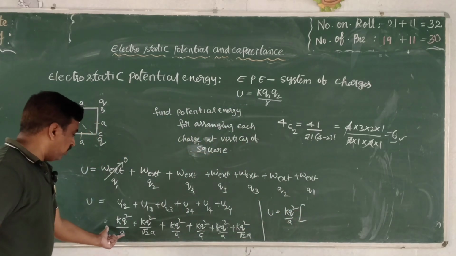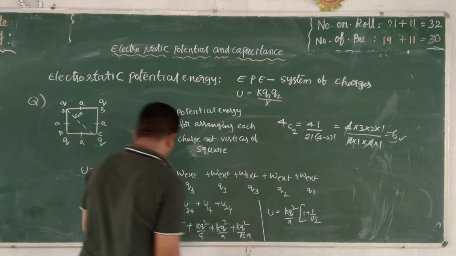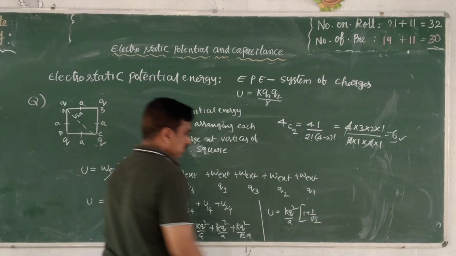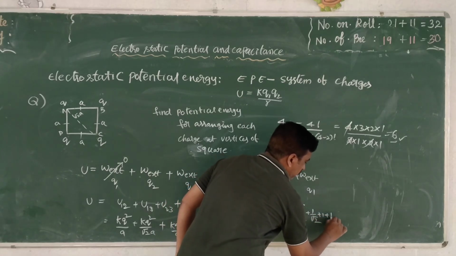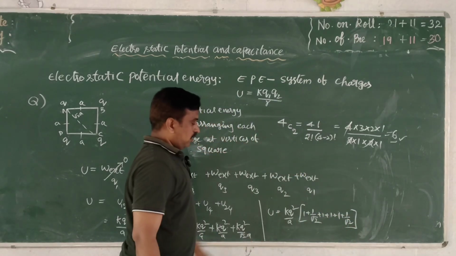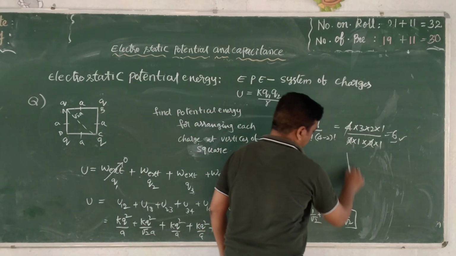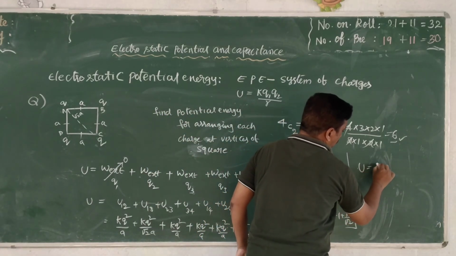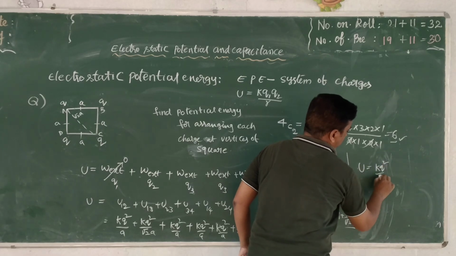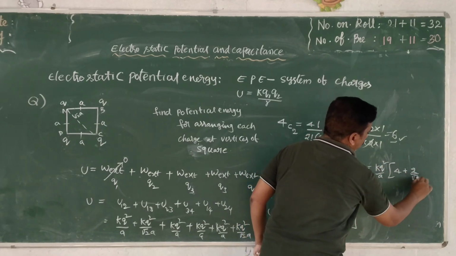So U equals k q square by a into (1 plus 1 plus 1 plus 1 plus 1 by root 2 plus 1 by root 2). We can write 1, 2, 3, 4, so U equals k q square by a into (4 plus 2 by root 2).